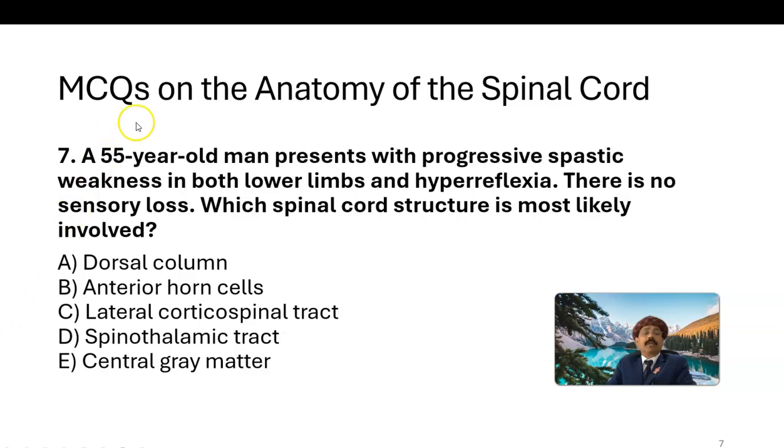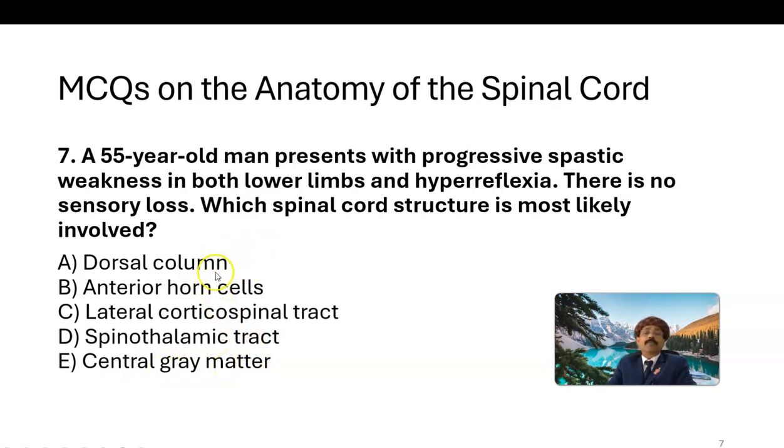Question number 7. A 55-year-old man presents with progressive spastic weakness in both lower limbs and hyperreflexia. There is no sensory loss. Which spinal cord structure is most likely involved? A. Dorsal column, B. Anterior horn cell, C. Lateral corticospinal tract, D. Spinothalamic tract, E. Central gray matter.